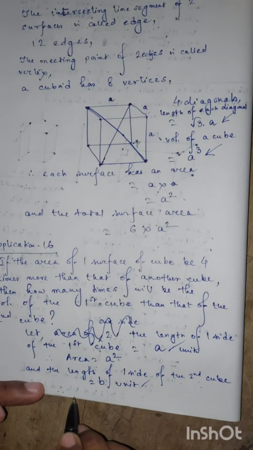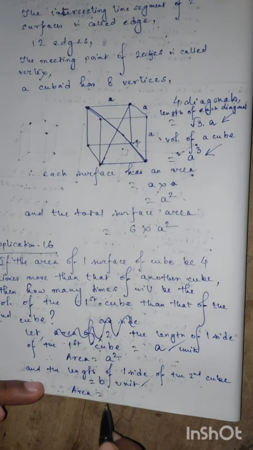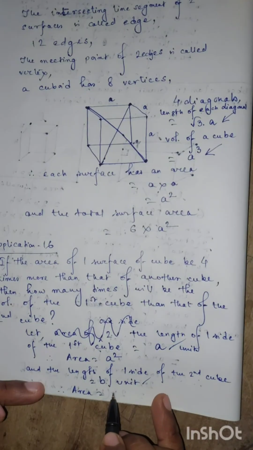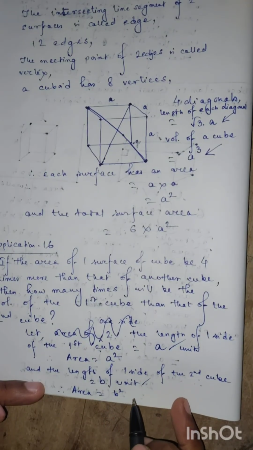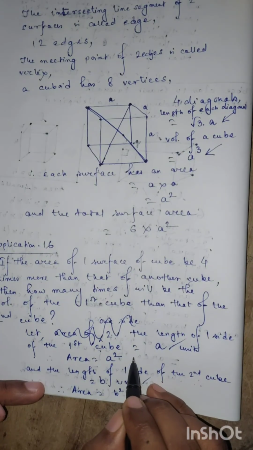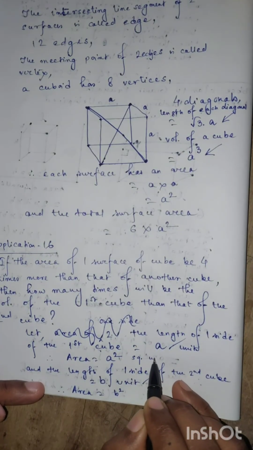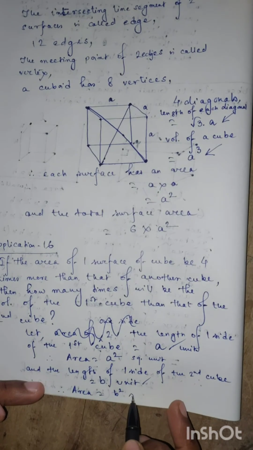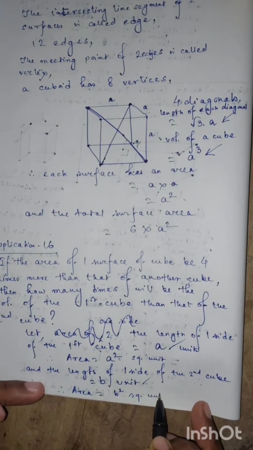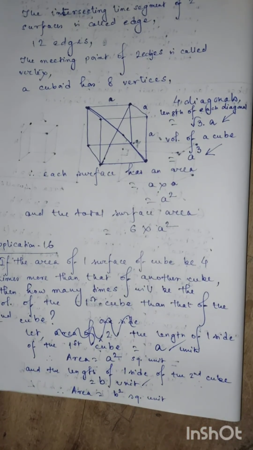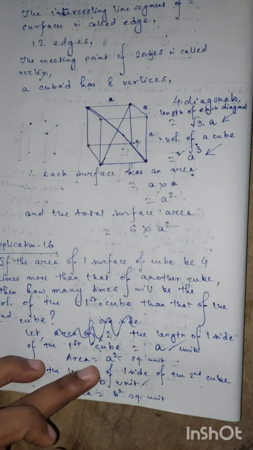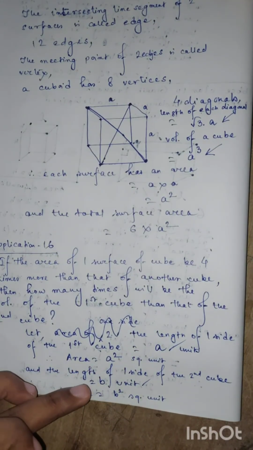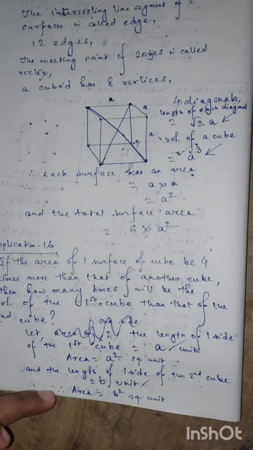Therefore, area is equal to B square unit. So if the side is A, then the area will be A square, and if the side is B, then the area will be B square.